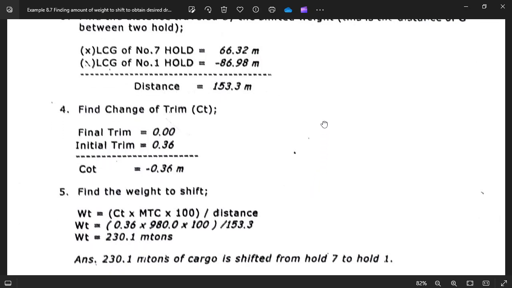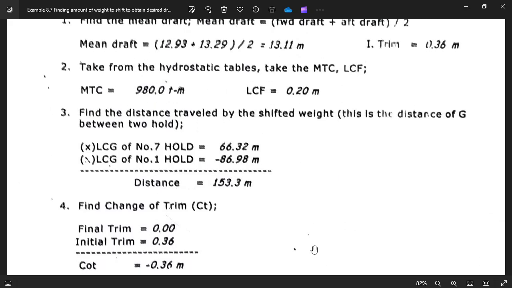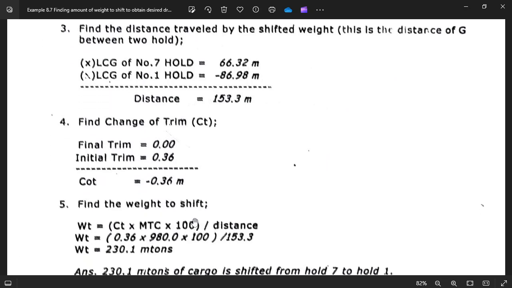That will be your change of trim. Find the weight to shift. So how to find the weight? The formula is weight equals change of trim times MTC times 100 over the distance, which is 153.3.